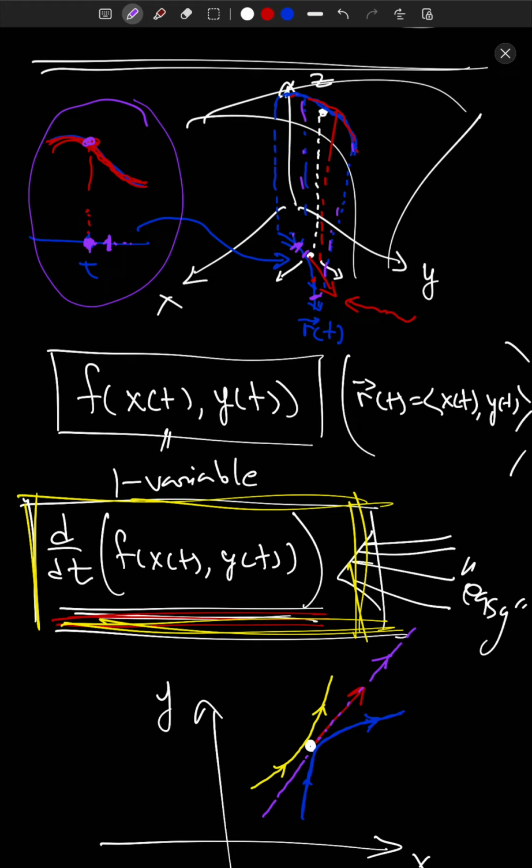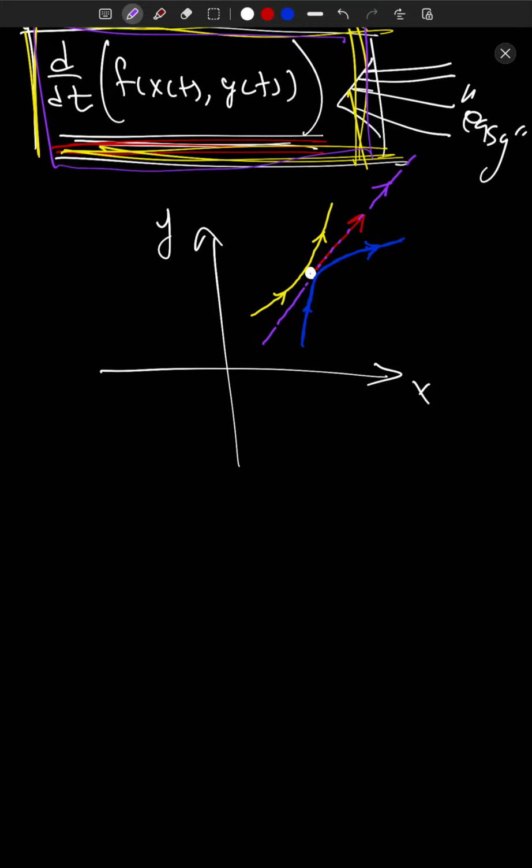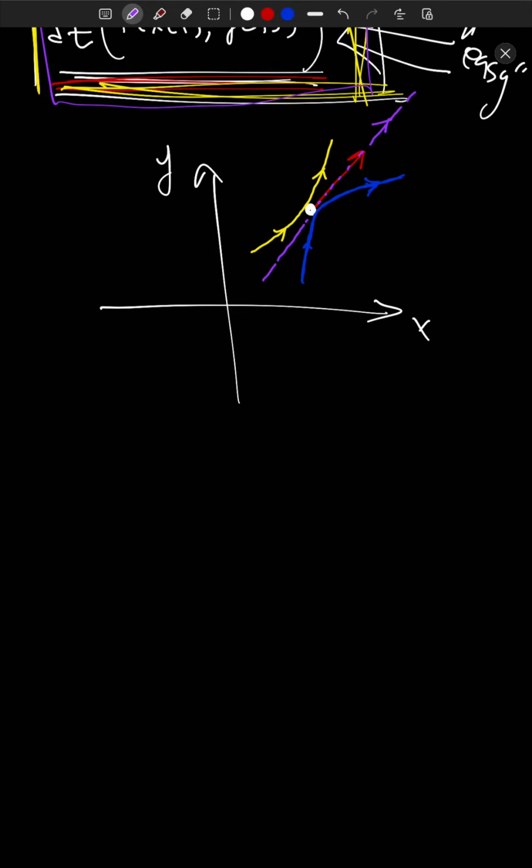Now, of course, if my function is increasing, no matter what, I'm going to get a positive derivative down here. And if it's decreasing, I'm going to get a negative derivative. But the number that derivative gives is going to change depending on my parameterization. So what I want to do, first of all, is to say, when I talk about figuring out how a function changes in a certain direction, I'm going to insist that I use unit vectors to represent that direction.